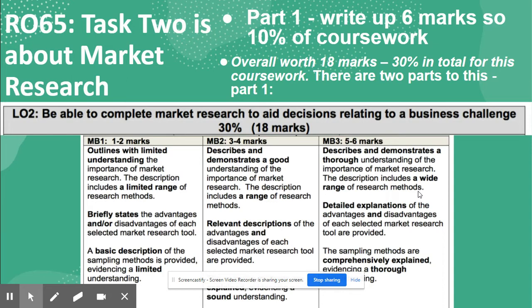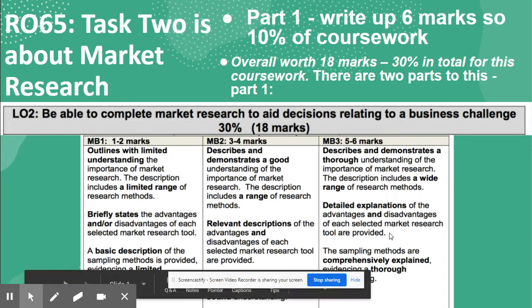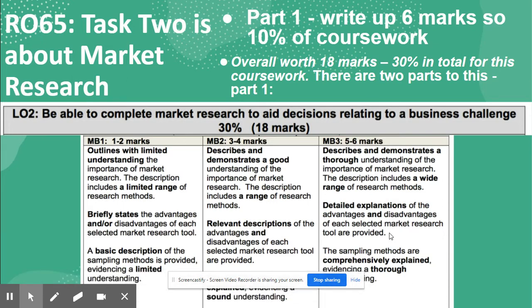So basically, I'll show you that later. Then you've got to explain in detail the advantages and disadvantages of the market research methods that you are going to use, and they're going to be obviously for interviews and the mood board. You got to say what's the good stuff and the bad stuff about those two, and then you've got to create sampling methods that have to be comprehensive and explained thoroughly.